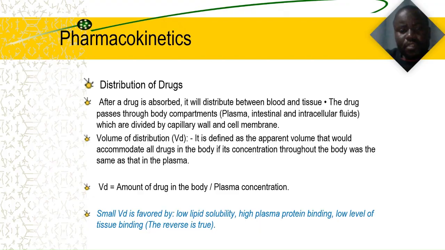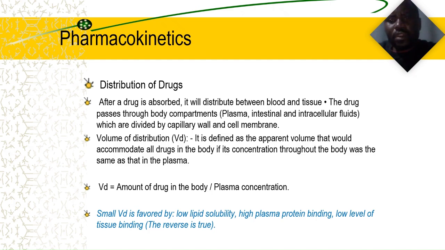So what is volume of distribution? It is the parameter that we use to measure drug distribution, and is defined as the apparent volume that would accommodate all the drug in the body, considering that the concentration throughout the body was the same as that in plasma. In other words, when the drug has been absorbed, it's there in plasma.